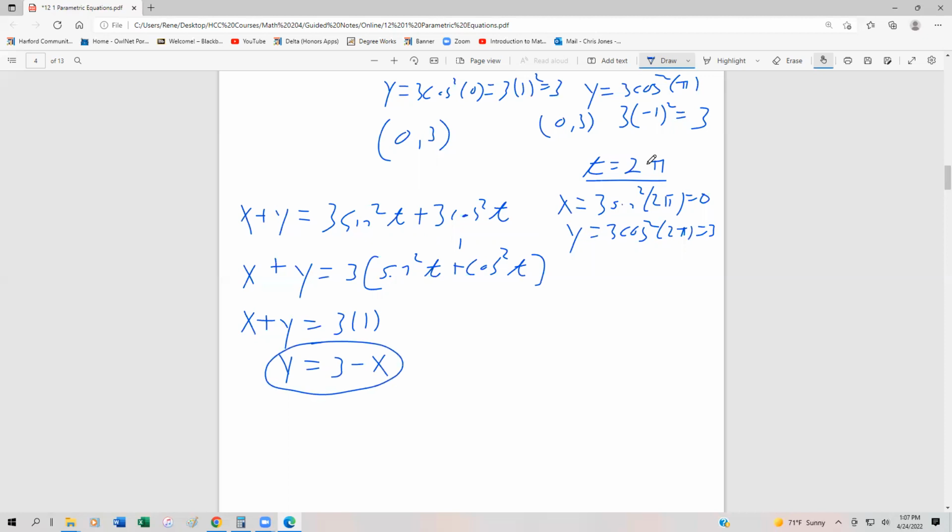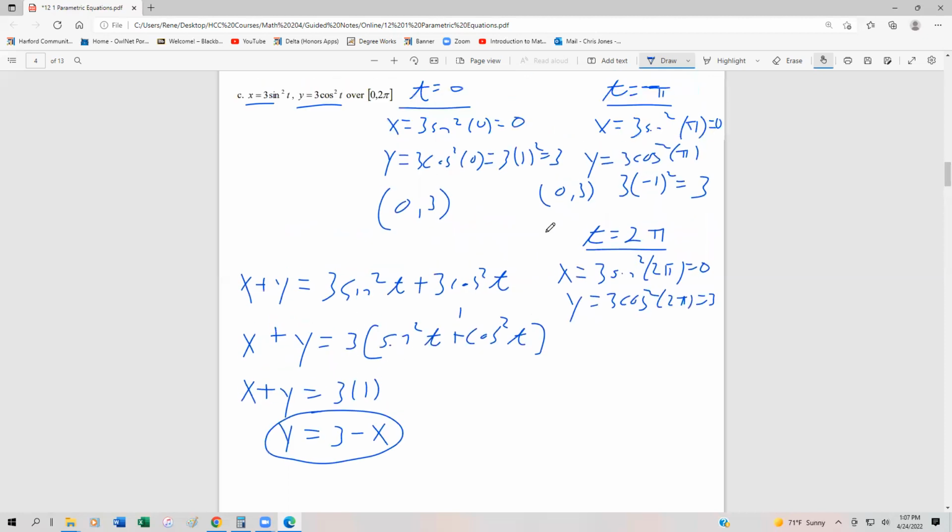Now, one thing that we should be concerned with is what are the largest and smallest values that x and y can get. It's clear that the smallest x that we can get is 0, because it's a square. So we know that x is going to go from 0 to something, and then y is going to go up to 3, because the regular cosine function can't get any bigger than 1.